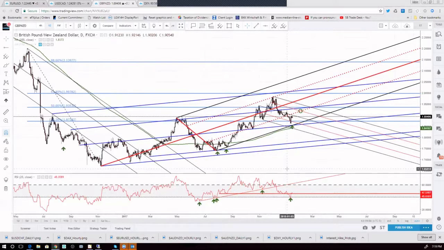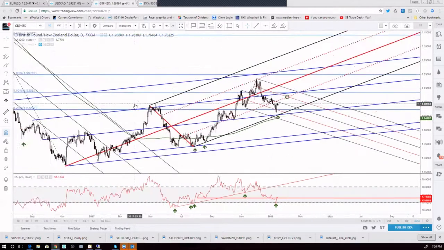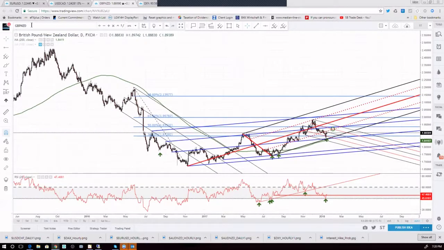It could be in the Asia session that we will make another high here, and then it would be confirmed. But if you look at this yesterday and today, not much conviction either. Pound Aussie.